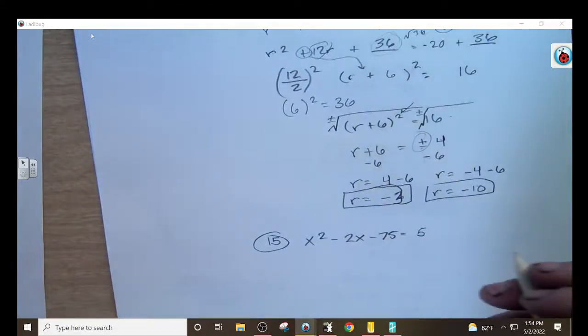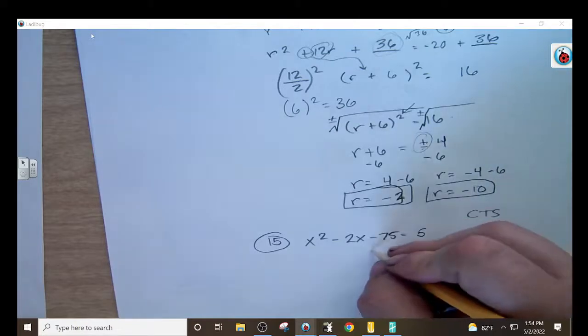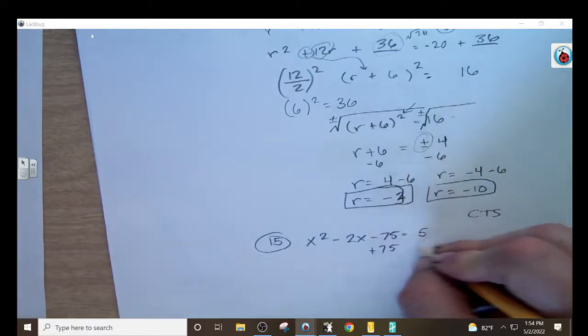All right, so guys, we're completing the square. So we're going to add 75 to both sides.